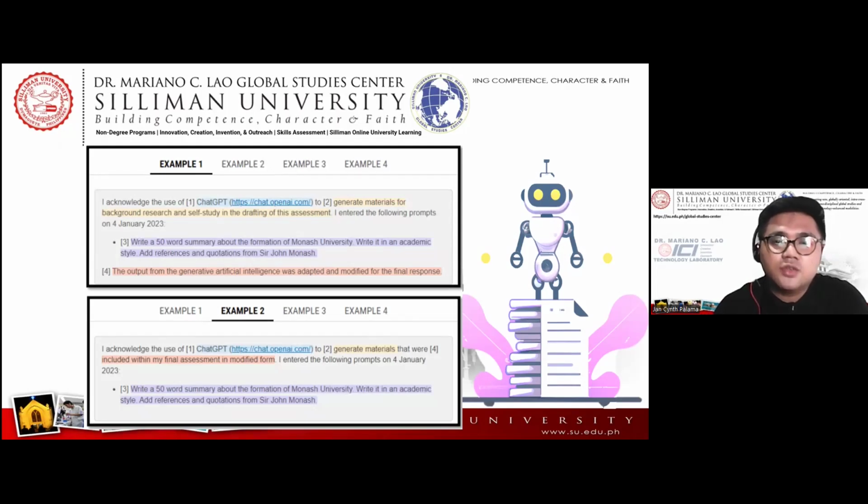In the yellow highlights over here, you state what materials or content you want to generate, and then you declare again, I entered the following prompts on, meaning when did you enter the question in ChatGPT.